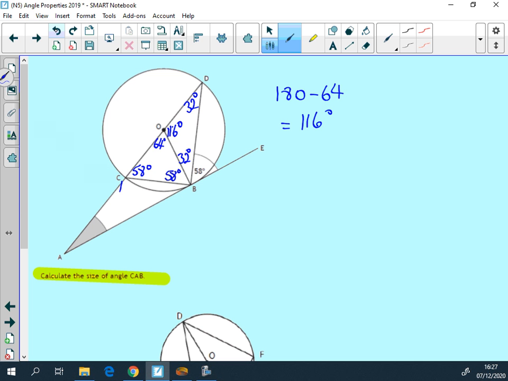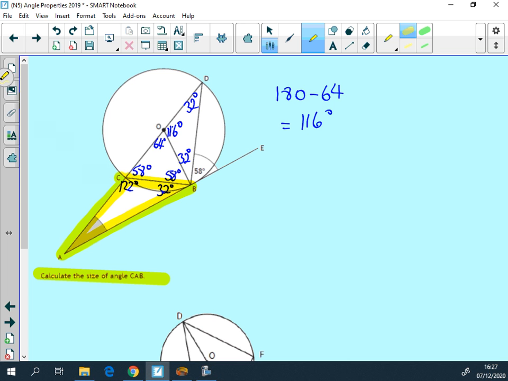So that will be 58 and, apologies, I just realized it's taken out this one in the bottom left here. So sorry, 90 take away 58 is going to give me 32 degrees. And I've just realized it's taken off my other angle at C. So that was 180 take away 58. So that will be 122 degrees. Apologies.